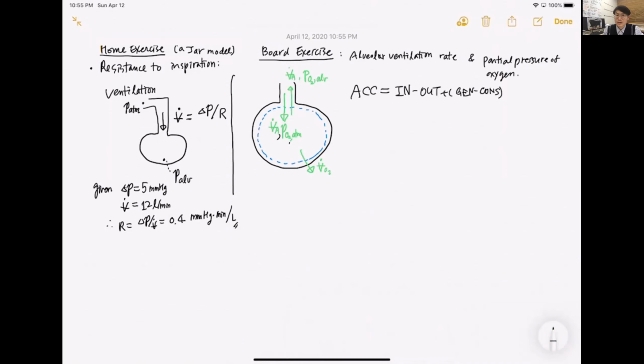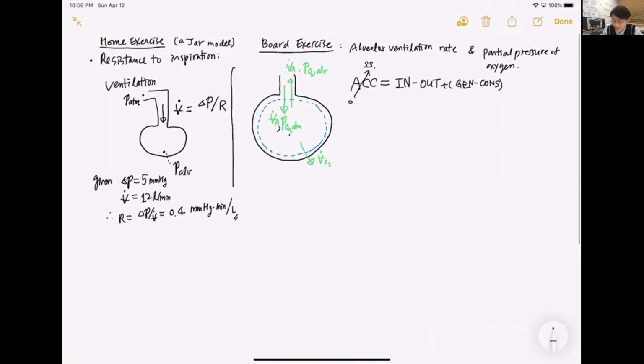However, as we discussed, at steady state the net accumulation goes to 0. And for generation and consumption inside this alveolar sac, there's nothing happening in terms of oxygen, so this part is also 0. The assumption here is steady state.